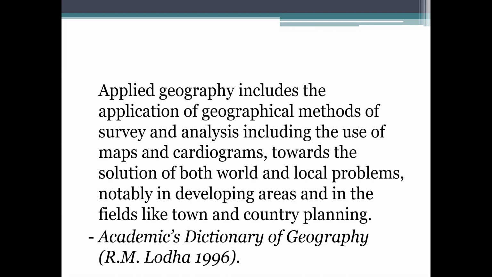Some fields are now very important for applied geographers. Without their contribution, we can't plan exactly. However, this dictionary highlights applied geography from the perspective of the importance of using geographic techniques.